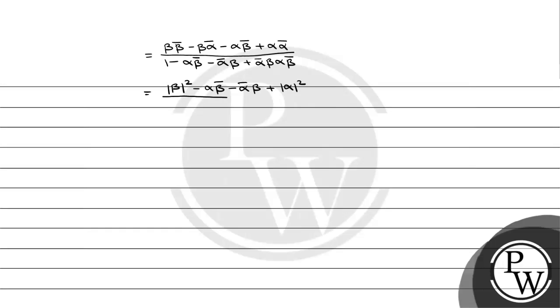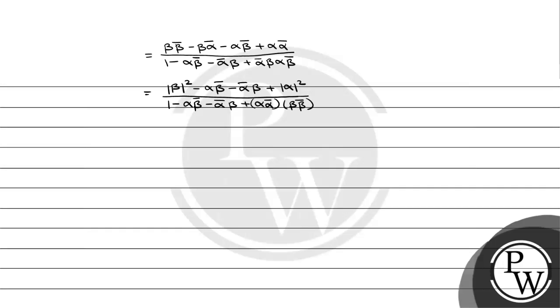Similarly in the denominator we get 1 minus alpha beta conjugate, minus alpha conjugate beta, plus, I can rewrite this as alpha into alpha conjugate and beta into beta conjugate.